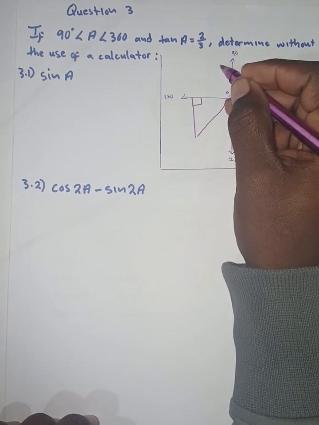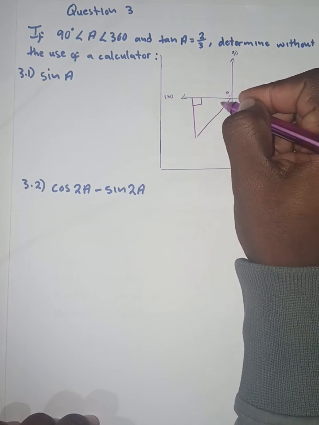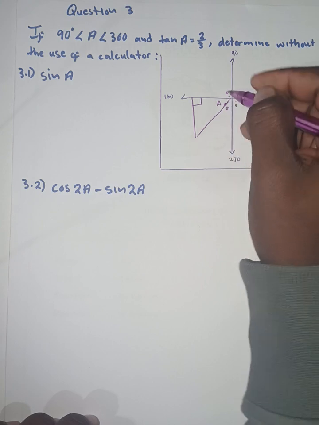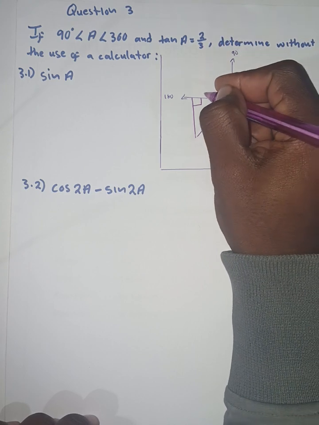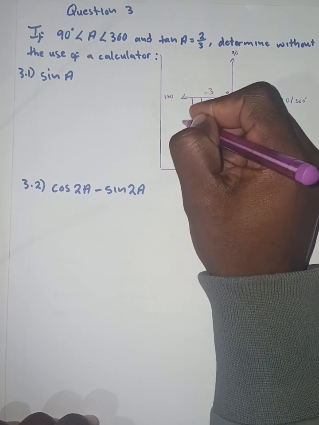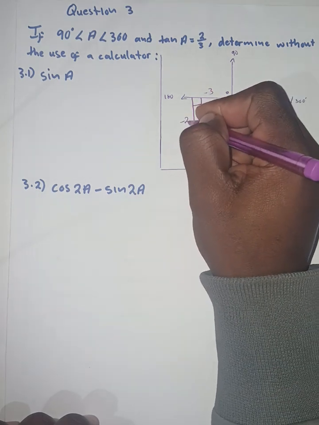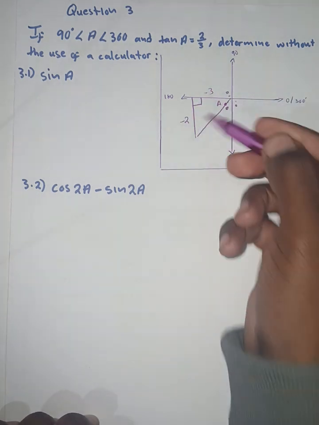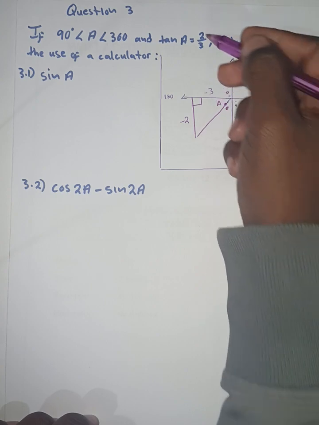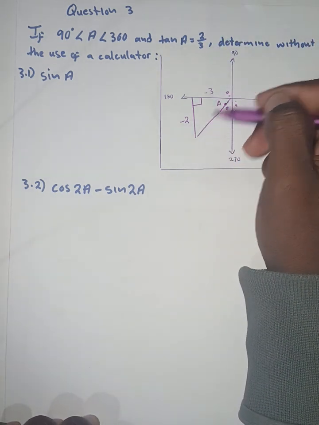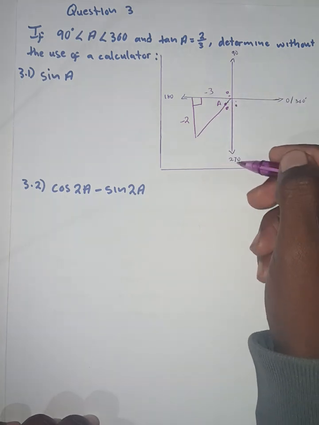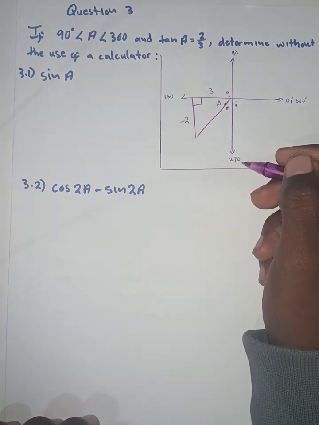And we know that this would be the opposite over the adjacent, right? So this would be -3, and this would be -2. And again, -2 divided by -3 would give us a positive there. You can notice we don't have the hypotenuse there, and to find it we use the Pythagorean theorem.